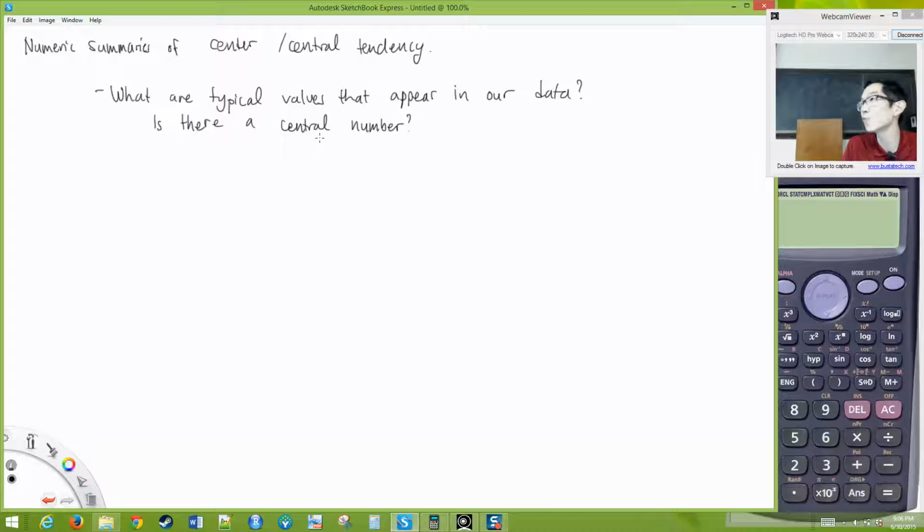And maybe we're unfamiliar with this, right? If I said, what's the, I don't know, mean cholesterol level in a person, maybe you don't know these numbers off the top of your head, and that's fine. But if somebody tells you what the central value is, that gives you perspective. Let's say you go to the doctor and they draw blood, and they do some lab work, and they say, oh, your number is 352.